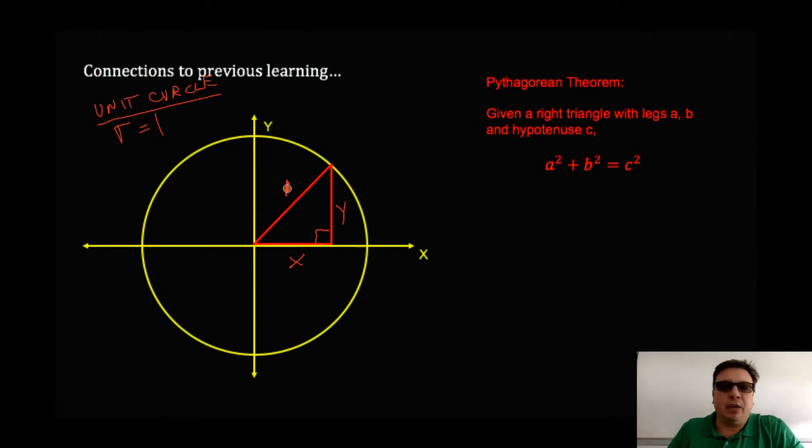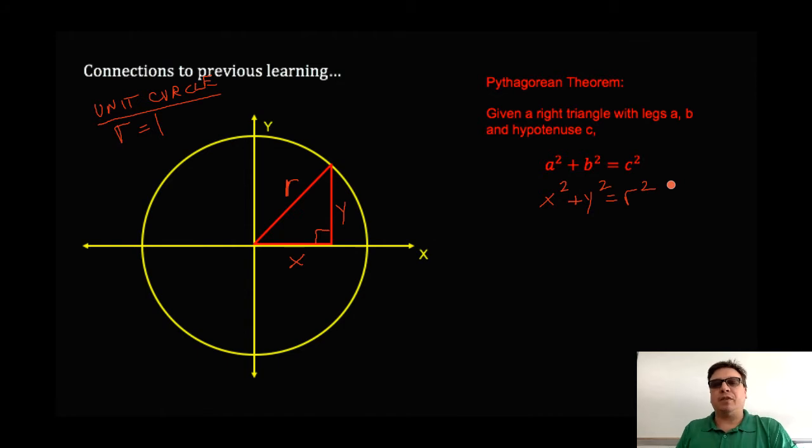And again, I know that this is the radius, and the radius is 1. So within the unit circle, the equation a squared plus b squared equals c squared can be rewritten as the equation of a circle. So that's where it comes from.